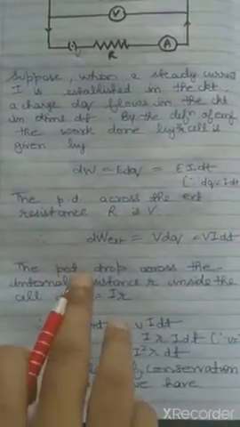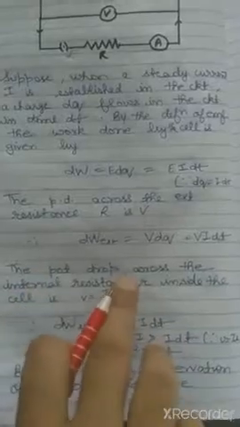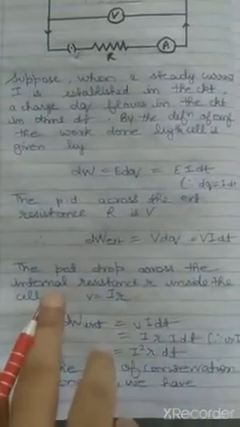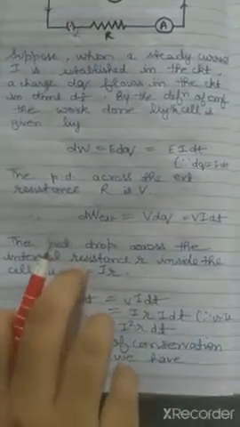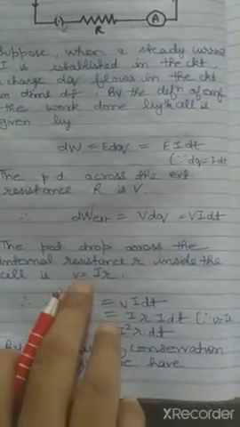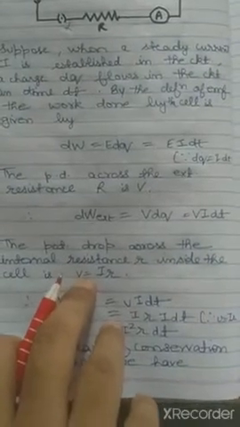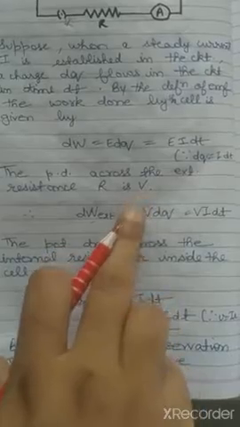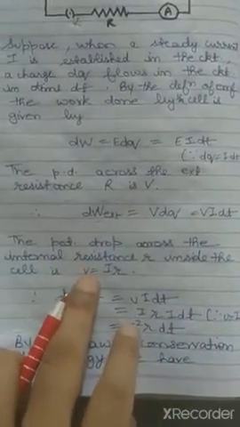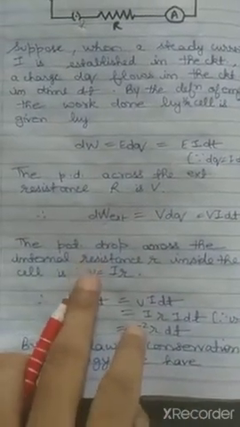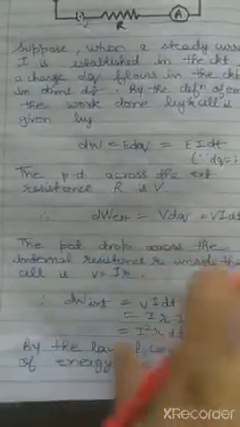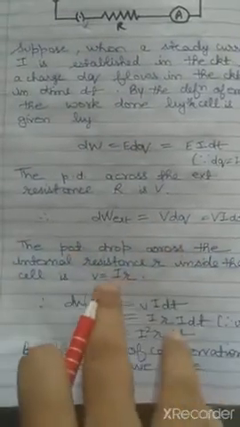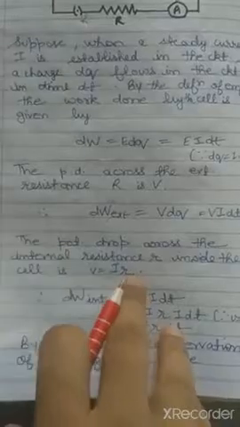Now the potential drop across the internal resistance r inside the cell, that is your potential drop small v. We represent the terminal voltage as capital V, and the voltage drop by small v. So the potential drop across the internal resistance r inside the cell will be v is equal to I into small r.